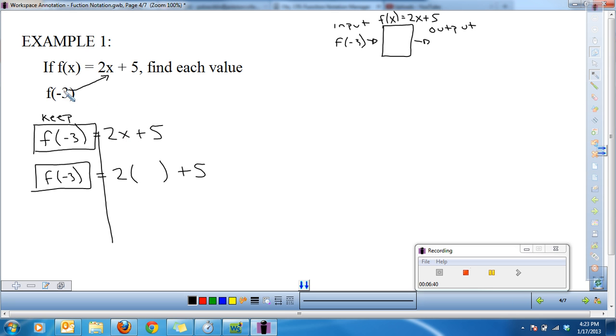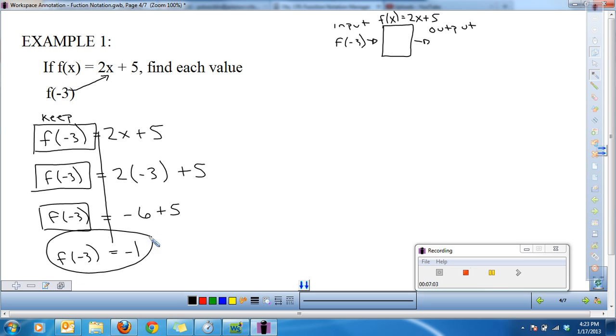X is negative 3, and now I'm going to simplify. F of negative 3, I'm going to keep this box around it so I know not to do anything in it. 2 times negative 3 is negative 6, and negative 6 plus 5 is negative 1. So f of negative 3 is negative 1.